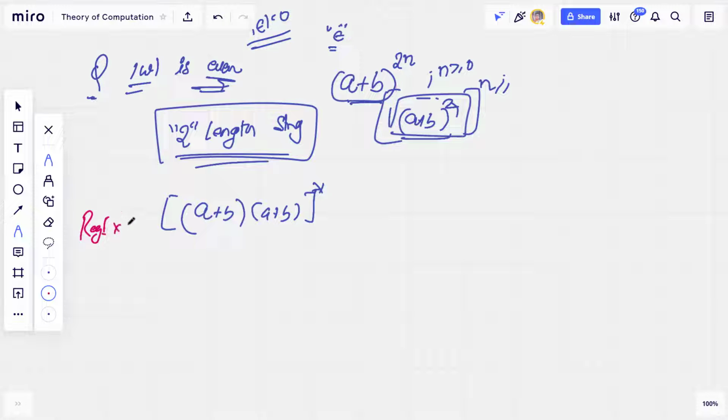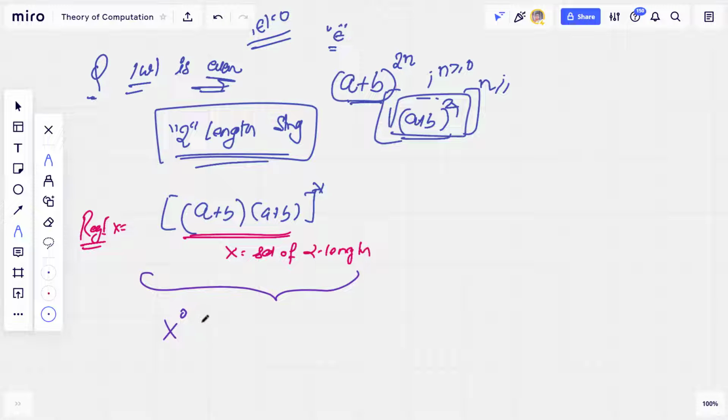This actually represents all the strings of even length. How? Let's call this x. What is it? It is the set of 2 length strings. This entire thing is what? It's x power 0, union x power 1, union x power 2, union so on. There is no end here, right?